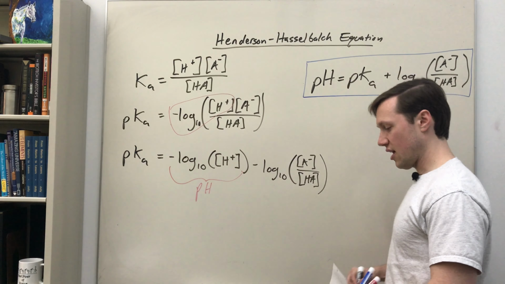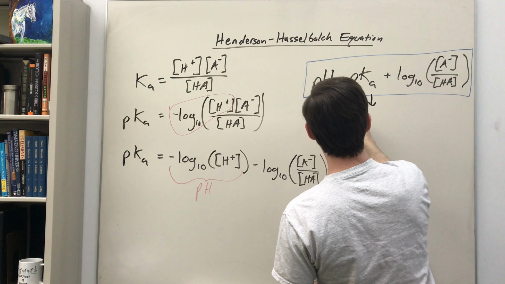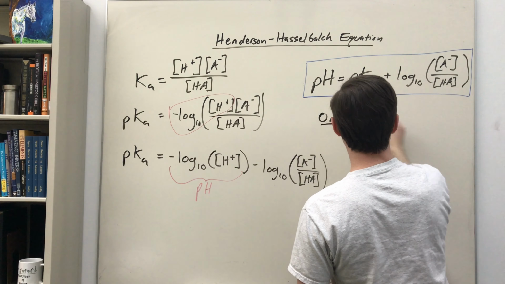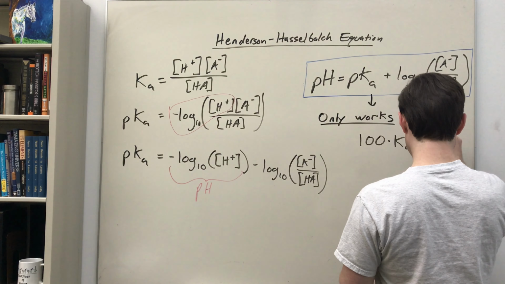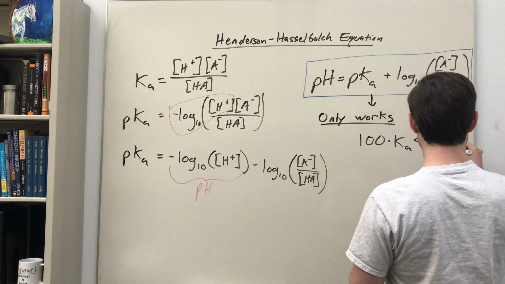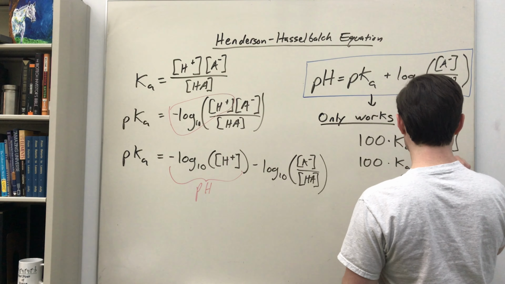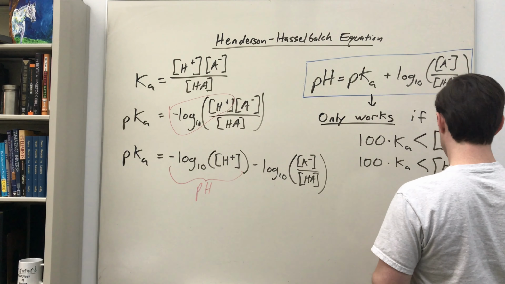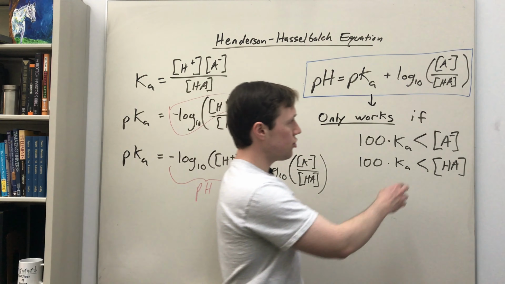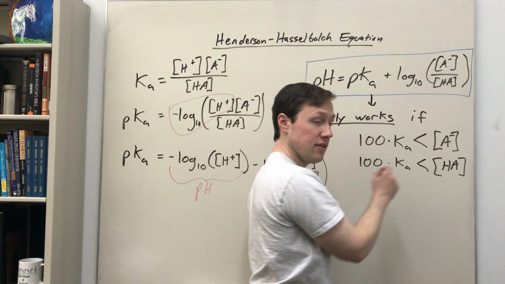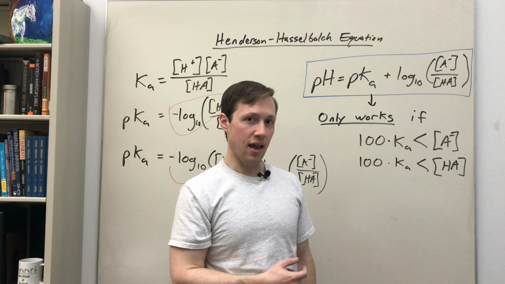That rule of thumb is as follows: this only works if the concentration of both the conjugate acid and the conjugate base are 100 times bigger than the Ka.